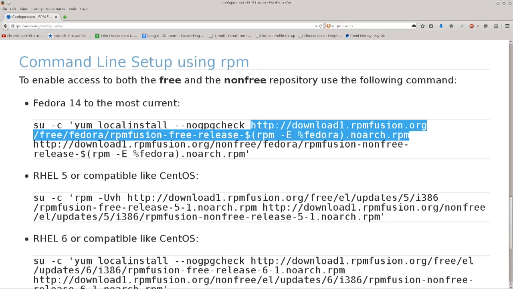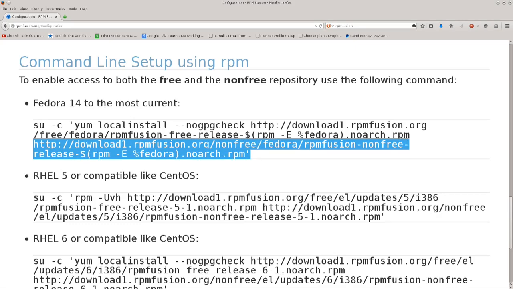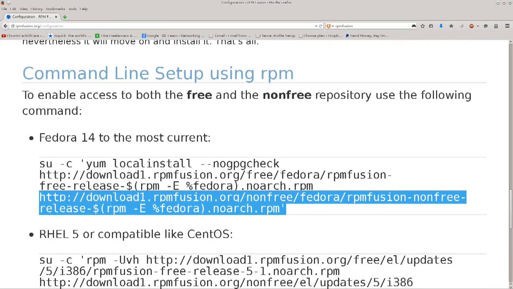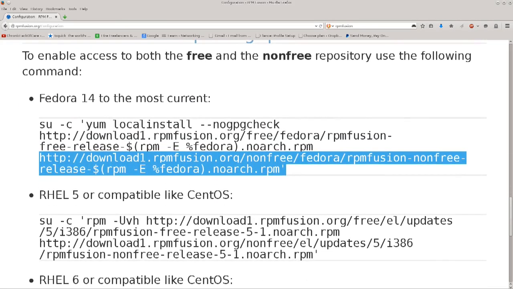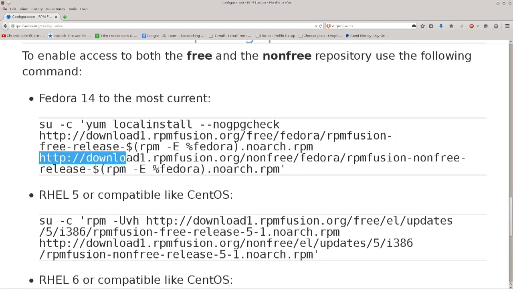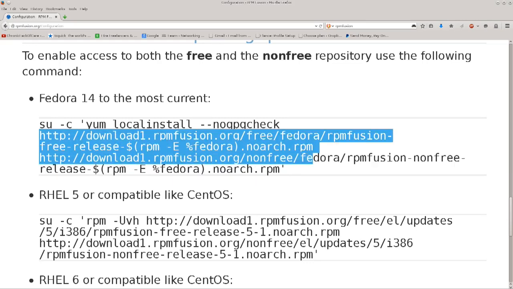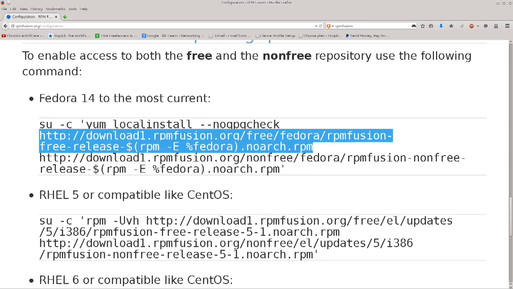And down below you have the second address, again download1.rpmfusion.org, and it says non-free. So I'm highlighting the entire thing here. Let me just zoom in a bit more so everybody can see. And there you go. You have two addresses, not completely different, but definitely different, referring to different types of repositories.